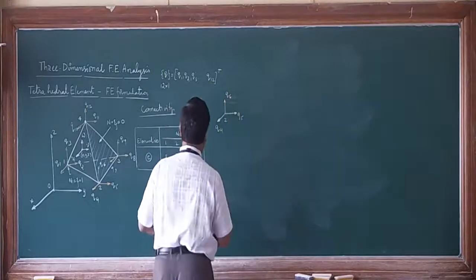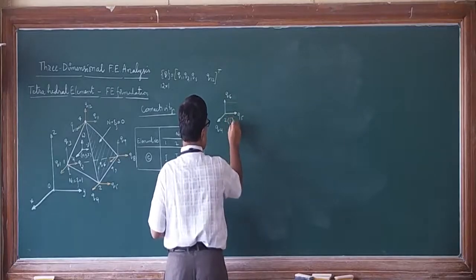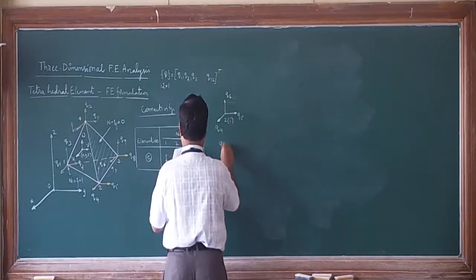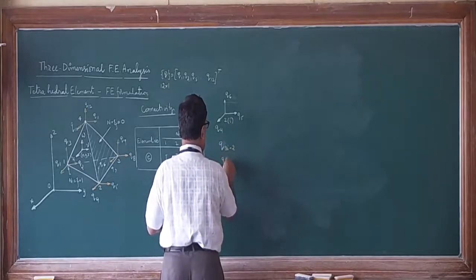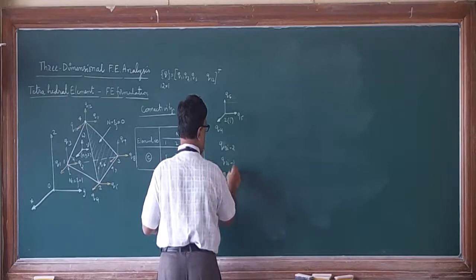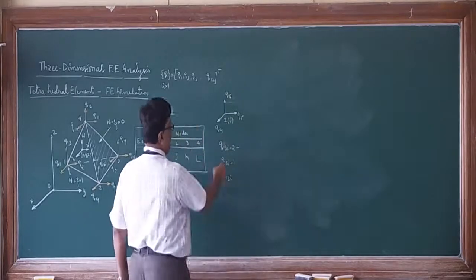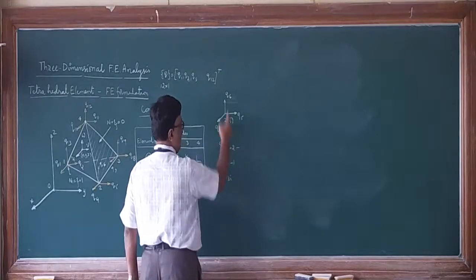If you call this node I, then it will be Q3I minus 2, Q3I minus 1, and Q3I. You can see here, for node 2, 2 into 3 is 6, 6 minus 2 is 4, 6 minus 1 is 5, and 6 is 6 only.